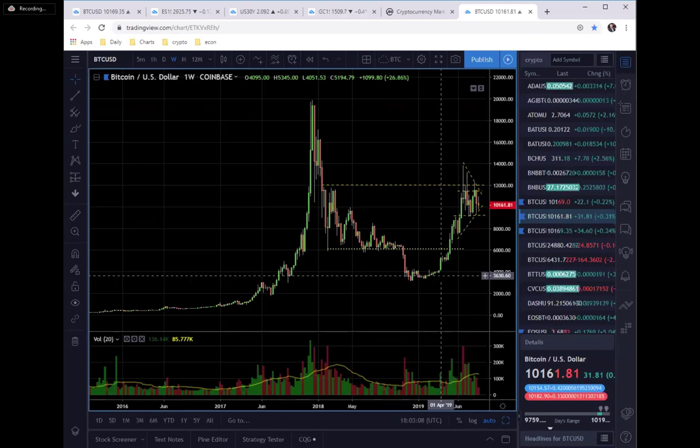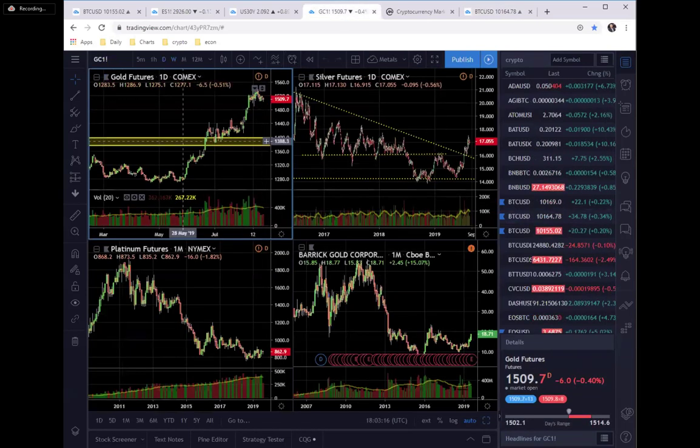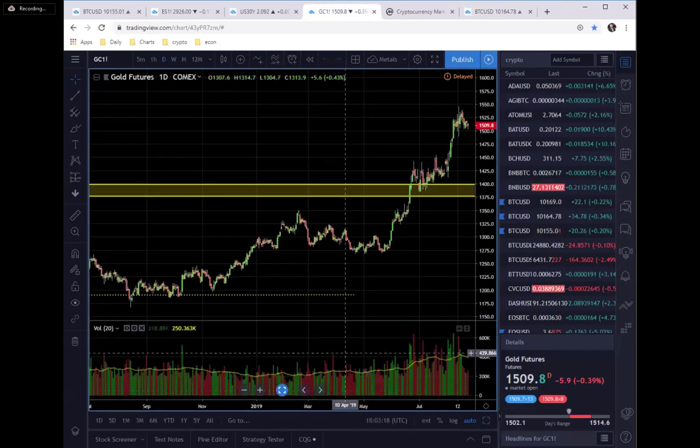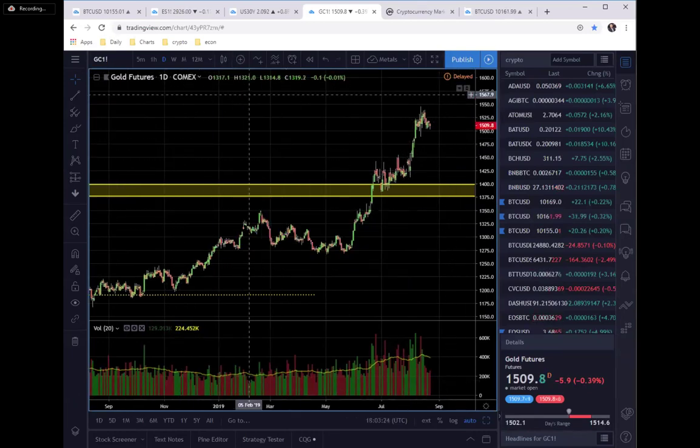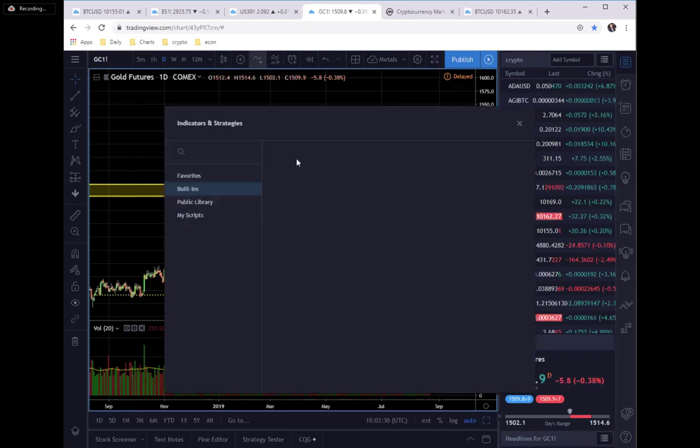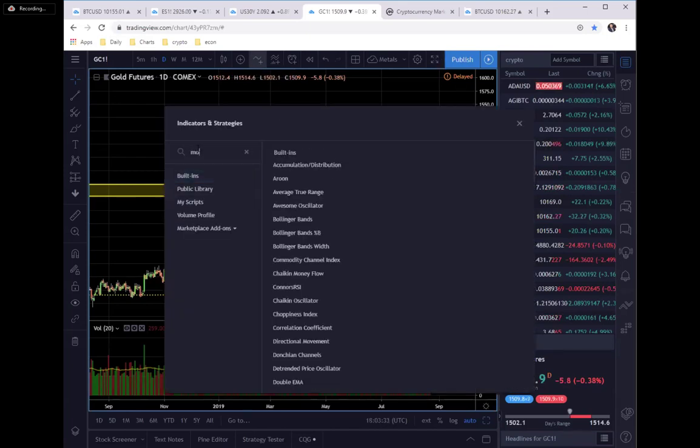From time to time, I'll add different indicators to try to come up with a thesis or see if there's any confirming information. For example, on gold and some bond markets, you can throw on things like Ichimoku clouds.